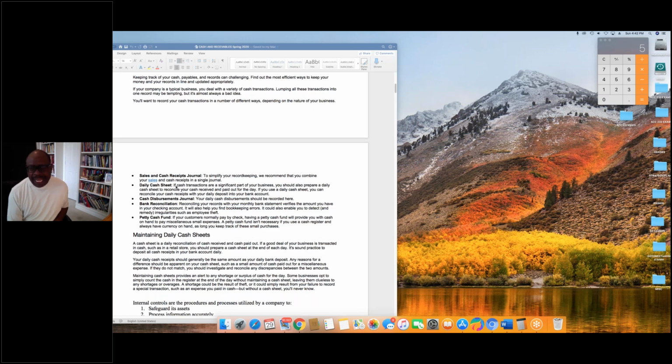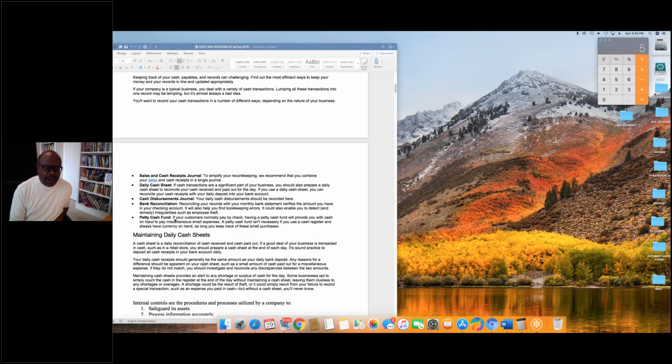We're going to have daily cash sheets if we have cash so we can keep track of it. We're going to perform bank reconciliations because with a business, errors can occur, and so we want to make sure that there are no errors on our part by our employees or the bank. Then there's some accounting for petty cash funds.